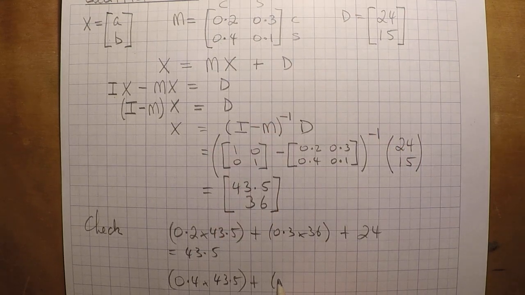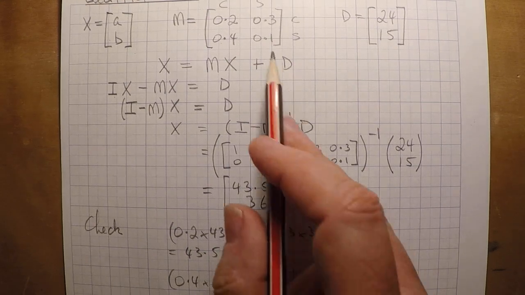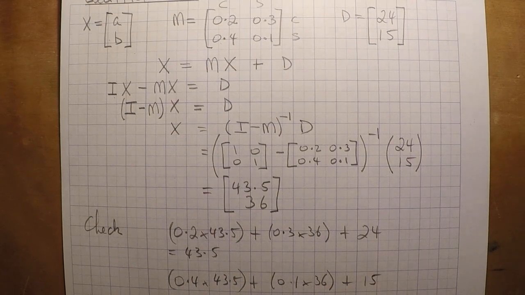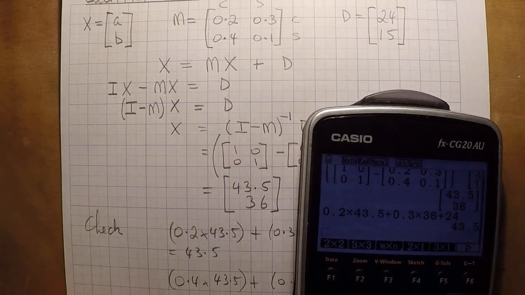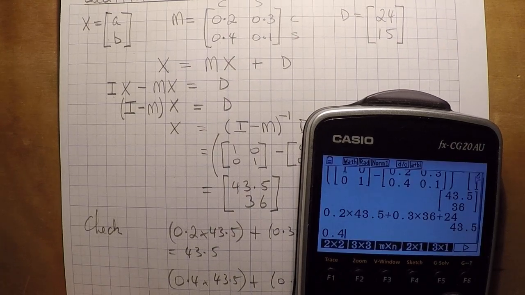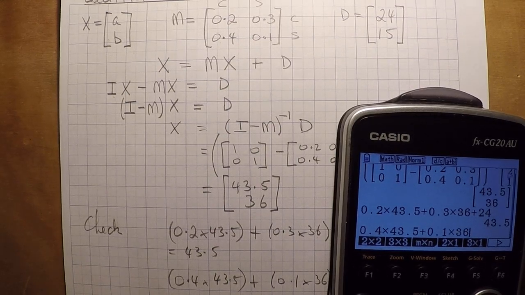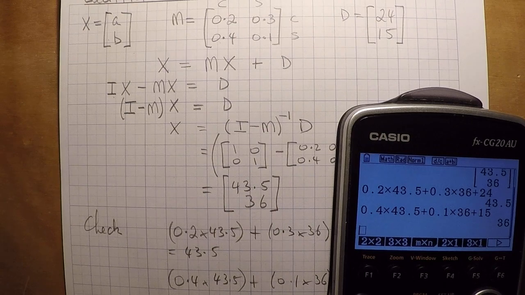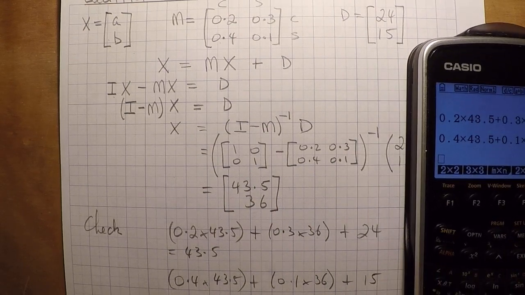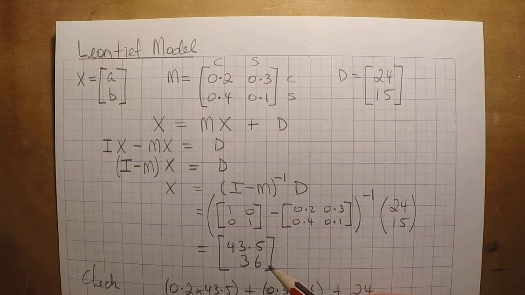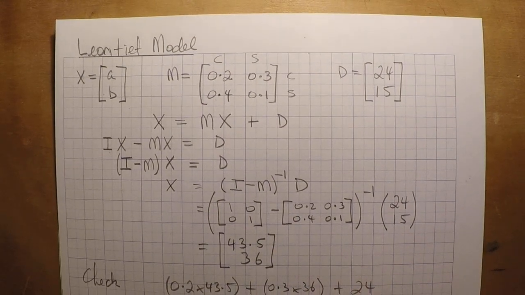So 0.1 of 36. And there should be enough left over for 15 million of external demand. And we get 36 million required. So that confirms that our result here was correct.